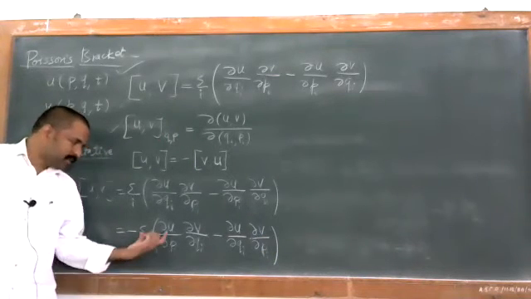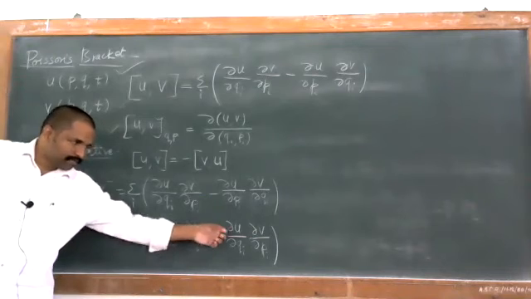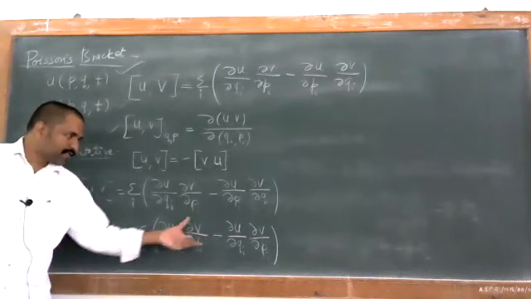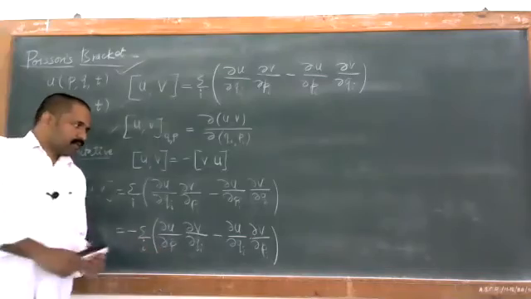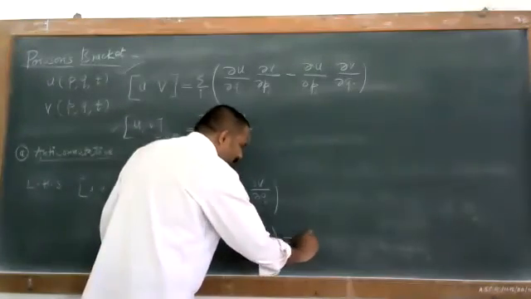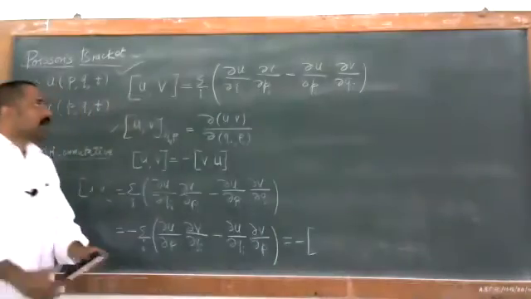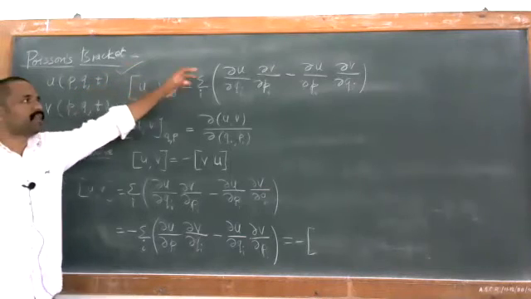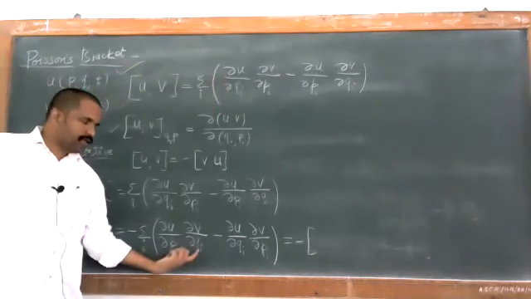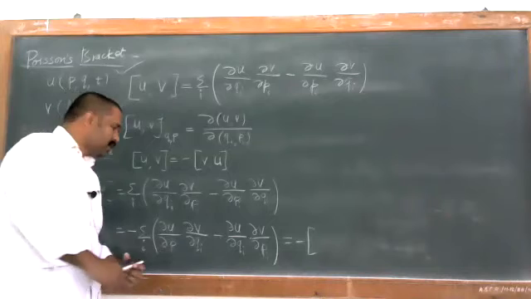So minus this term becomes minus, this term becomes plus. So we can write in this form. So what is this? This is nothing but minus. Just check out the definition. uv तर Poisson bracket असेल तर या पद्धतीने आणि vu असेल तर या पद्धतीने.